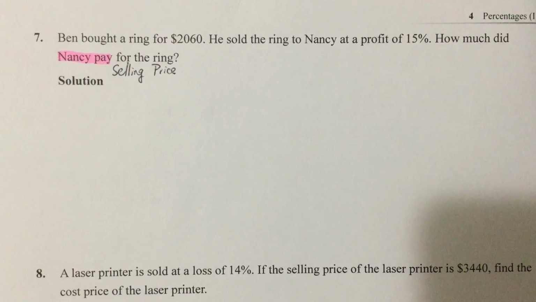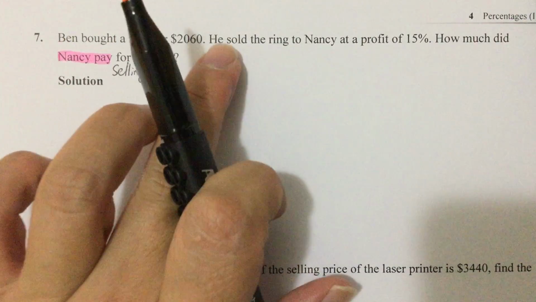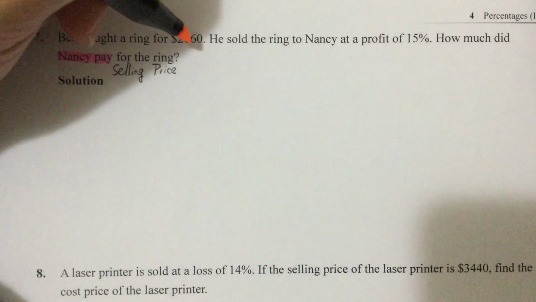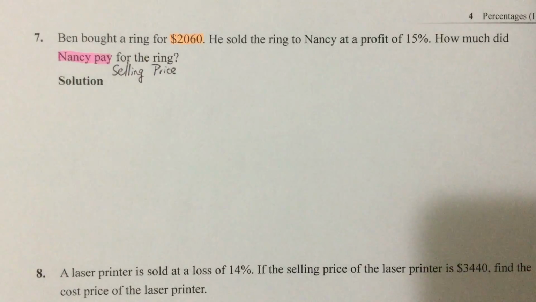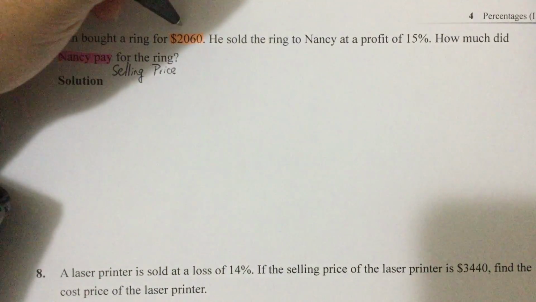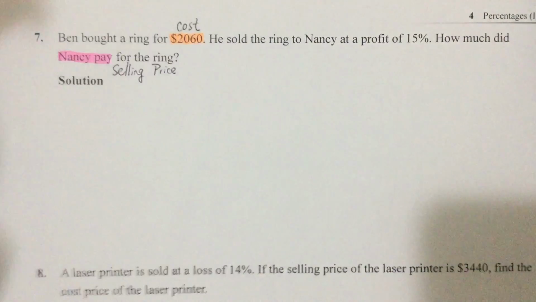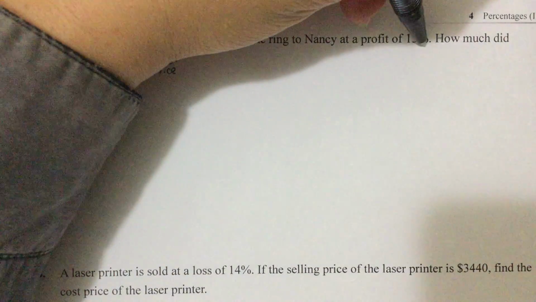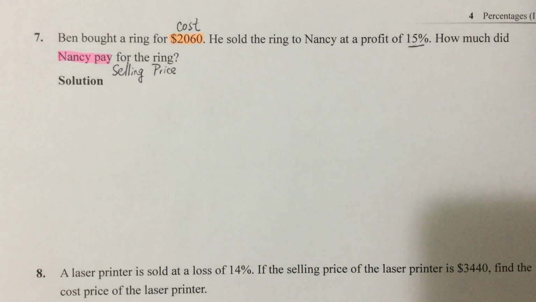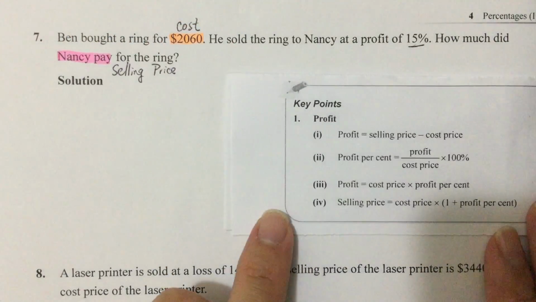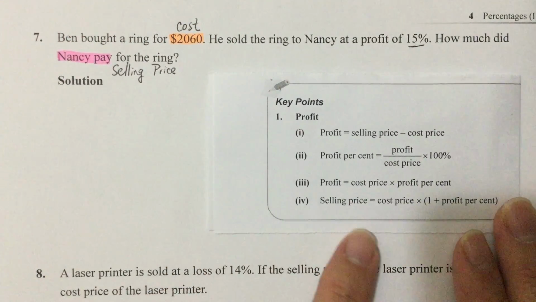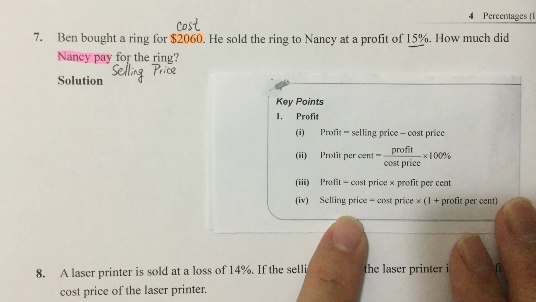And then, for 2,060, because Ben is the seller, this one is the cost price of Ben. And then obviously, this 15% is the profit percent. Okay, now we can look at the formulas we are going to use once again. This time, we will choose the profit one, and we will see this is the last formula once again.